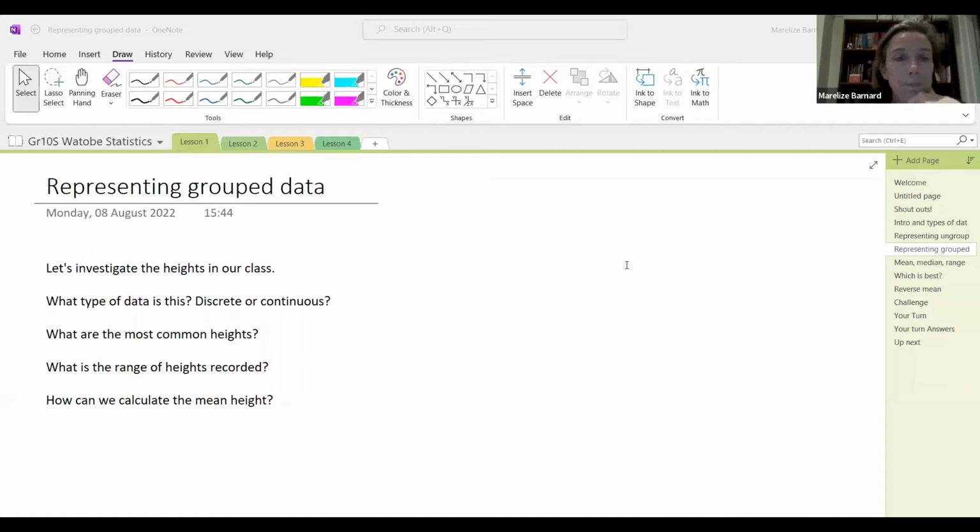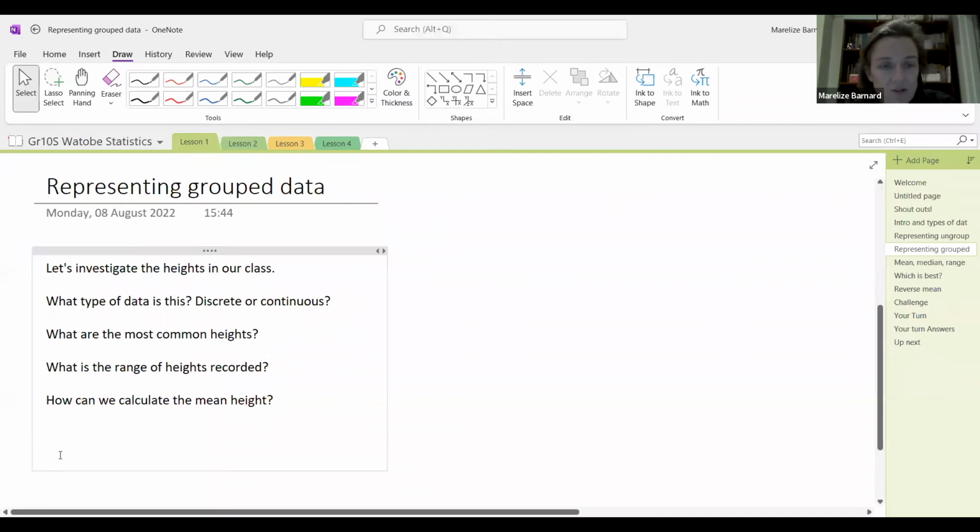Okay. Now, what is the most common height? The most common height is 150 to 159, and a close second is 160 to 169. Now, can we calculate the mean height? That is a question we are going to reserve for the next lesson, and I am going to take a snapshot of this poll results so that we can calculate the mean next time.